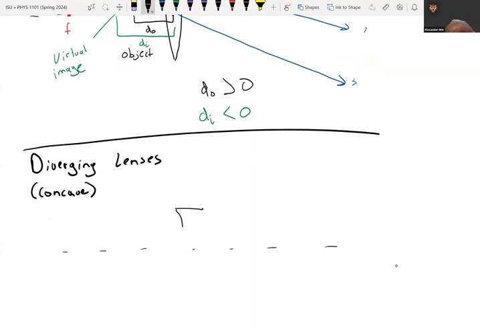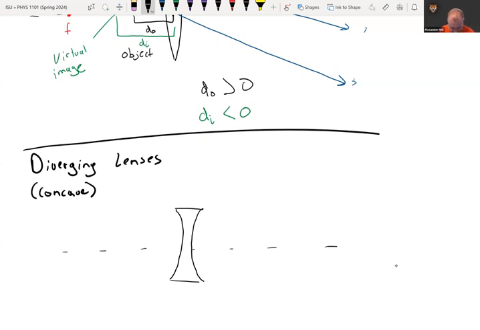Basically, the way you can think about it, it's kind of like the opposite of a converging lens, where a converging lens was thick in the middle, thin on the edges. This is thick on the edges, thin in the middle.